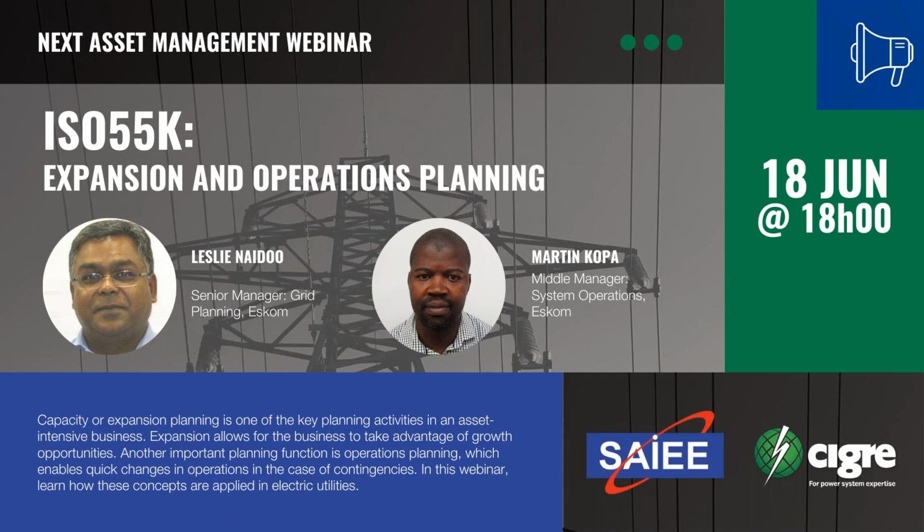So if you want to know how Eskom grid planning accommodates all new generation capacity, independent power producers or renewables, and how we prevent limitation of transport of electricity to remote sites, how do we keep ahead of the game? And maybe more interesting, if you want to know why you get load shared, you can tune in next week to listen to Leslie Naidu and Martin Kopa of Eskom as they give us that aspect of asset management.